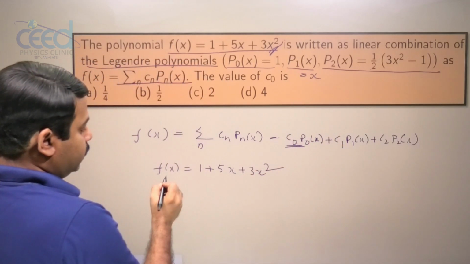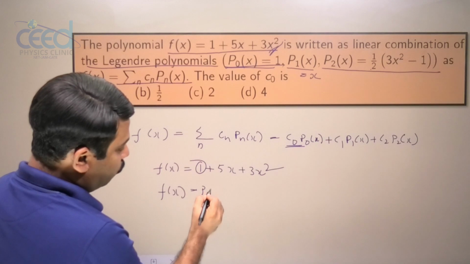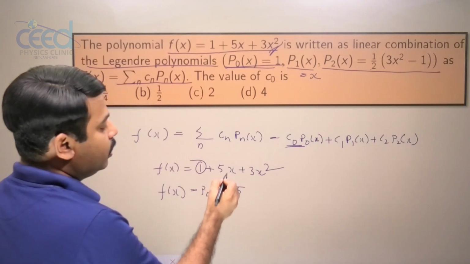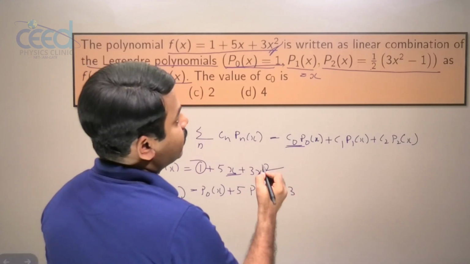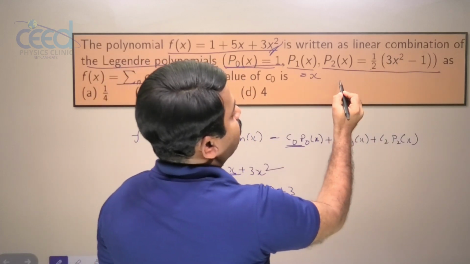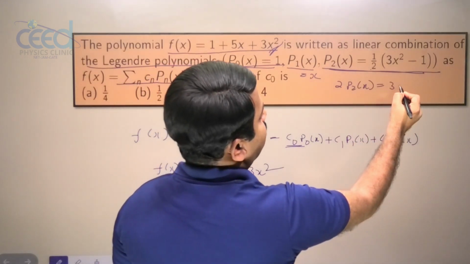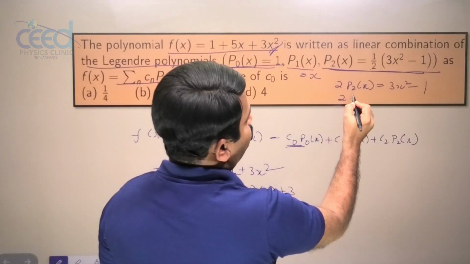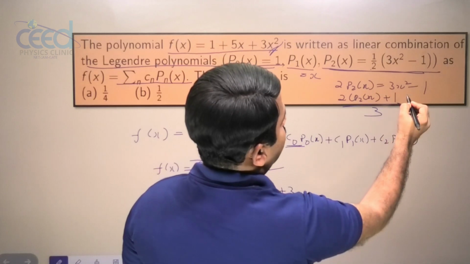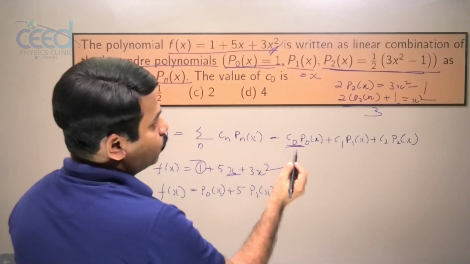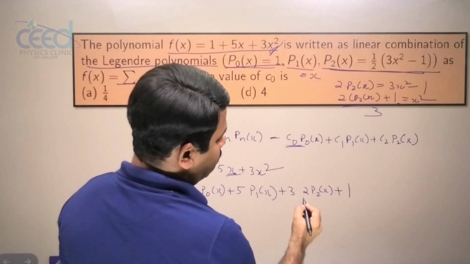So f of x is equal to, what is 1? 1 is the P0 of x value, P0 of x is 1, plus 5 into, what is x? x is P1 of x, plus 3 into, what is x square? See, find x square from it. From this value, you find 2 P2 of x is equal to 3x square minus 1. Then (2 P2 of x plus 1) divided by 3 is equal to x square. That you substitute here: 2 P2 of x plus 1, divided by 3.